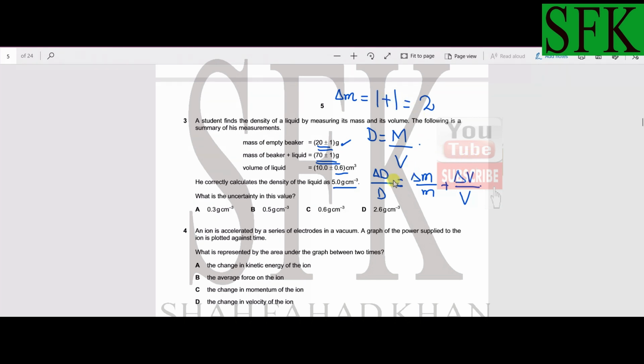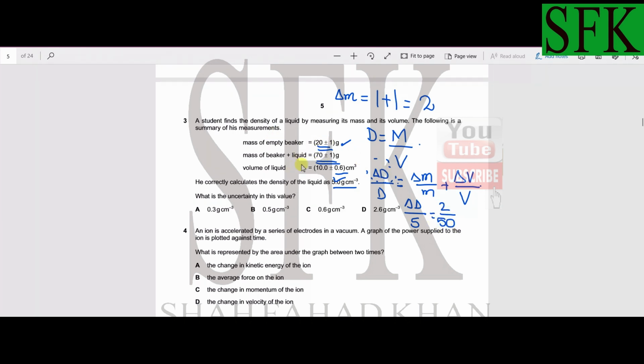Now let's plug in the values and get our result. We need the value of delta D. We have the actual value of D, which is delta D upon D, which equals, what is the value of change in mass? We calculated it to be 2. What is the actual value of mass? What is the mass of the liquid? 70 minus 20 is 50, right?